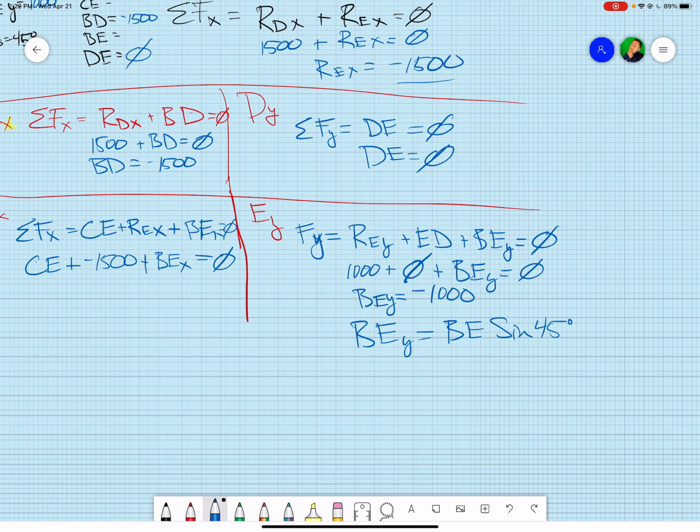If we plug in negative 1,000 for BEY and divide both sides by sine of 45, we can figure out BE. I need to get my calculator for this one. Negative 1,000 divided by sine 45, and I get negative 1414.